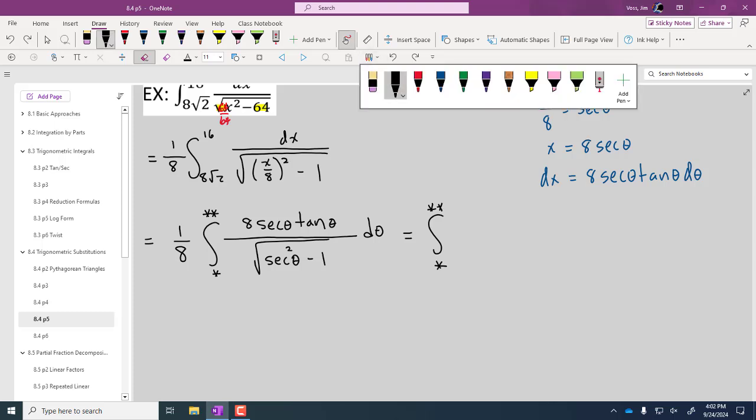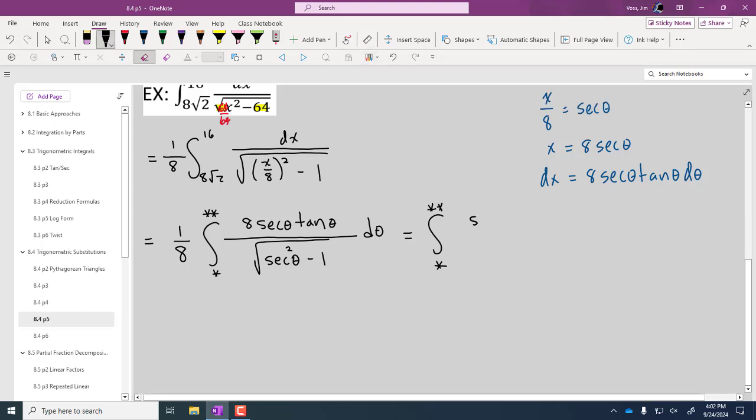So square root of tan squared is going to be tangent. Those are going to cancel.